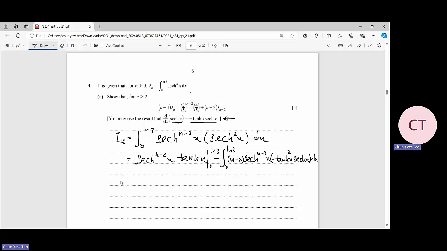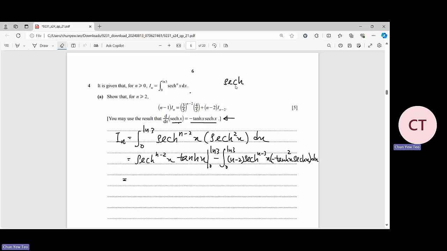Now, this one I put ln 3 inside, and put 0 inside. We know that tan 0 is 0, but we need to find out the other part. Actually, we're supposed to mention this earlier. Sec of ln 3.